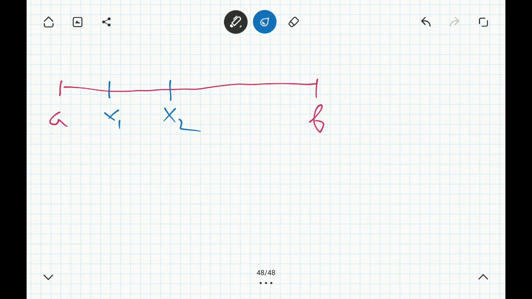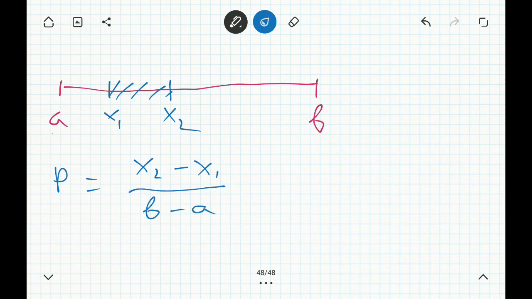So the length of this interval is x2 minus x1, and the length of the whole segment is b minus a. So this is our probability.